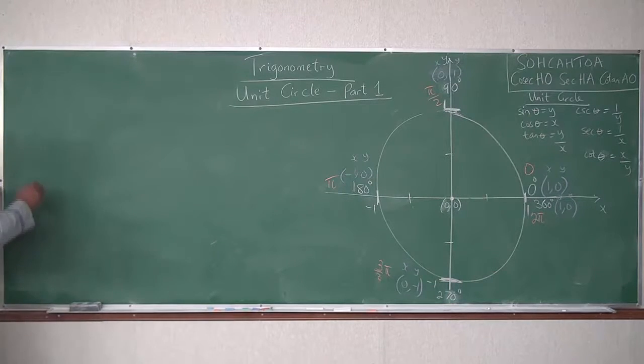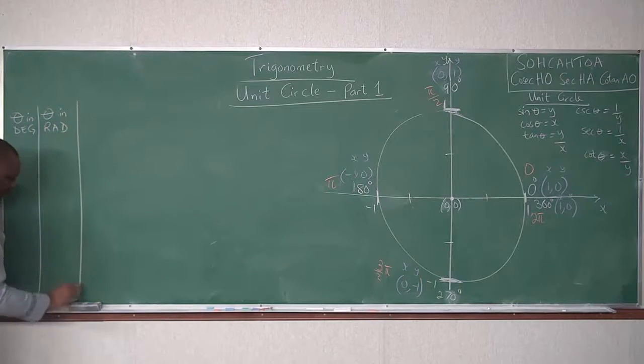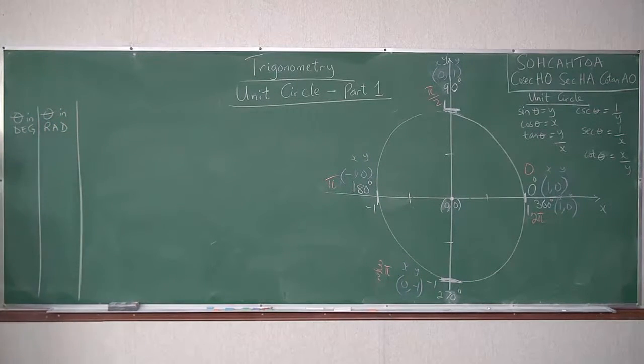Now we will have angle theta, let's say theta in degrees, DEG. Let's say theta in radian, RAD. You see this in your calculator: degrees, radians, and gradients, DRG. But we are not dealing with gradients.